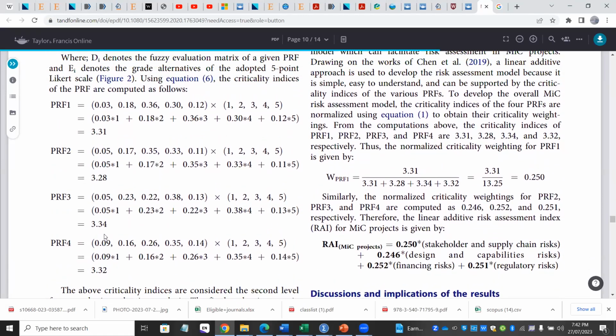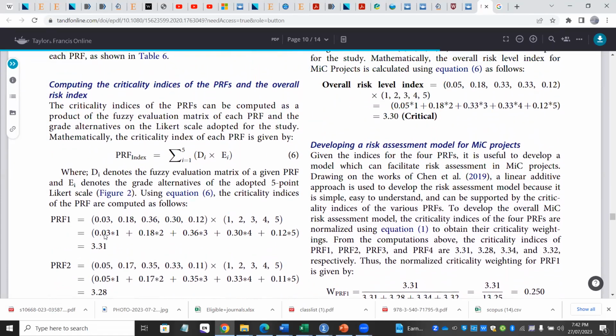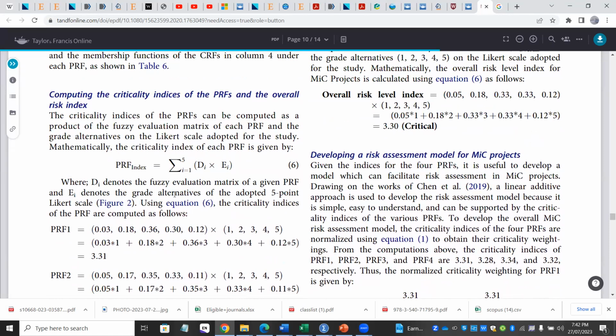The group that recorded the highest is group 3, which recorded 3.34. This is where you multiply the membership function by the grade alternative that you adopted, because you want to determine the criticality of each of the groups.